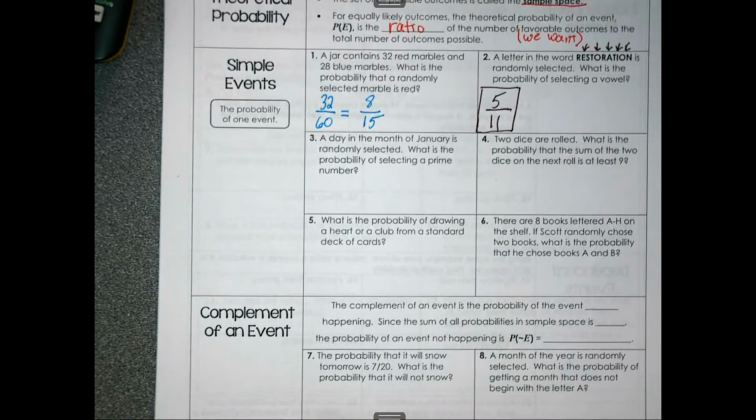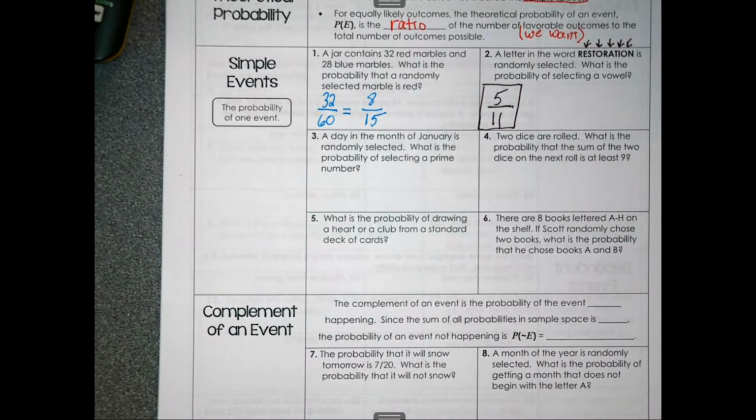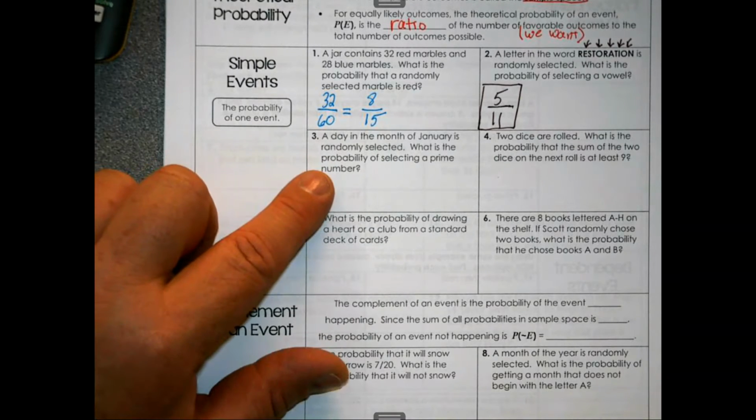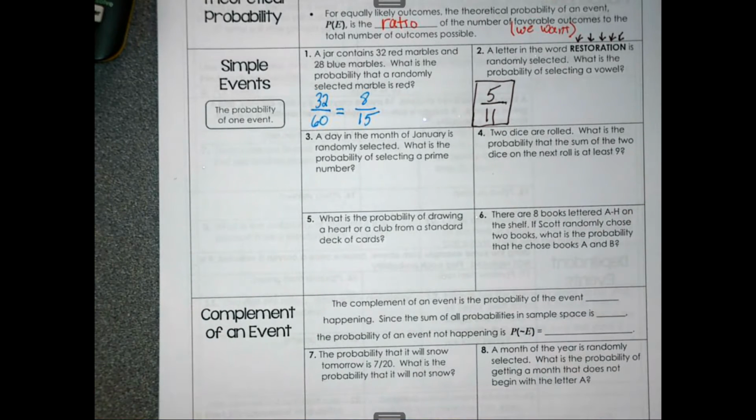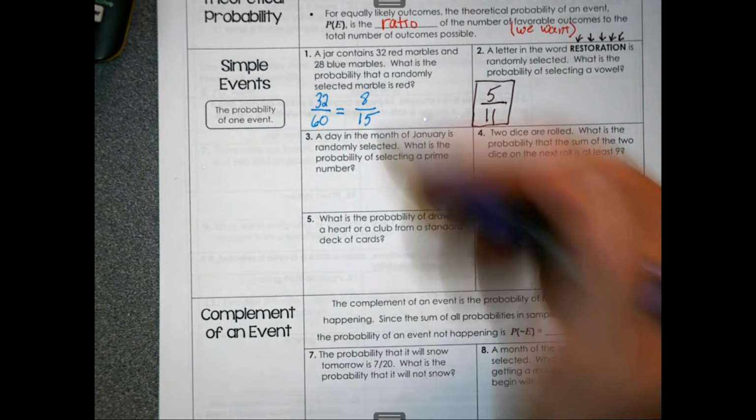Number three, a day in the month of January is randomly selected. What is the probability of selecting a prime number? How many days in January? 31.